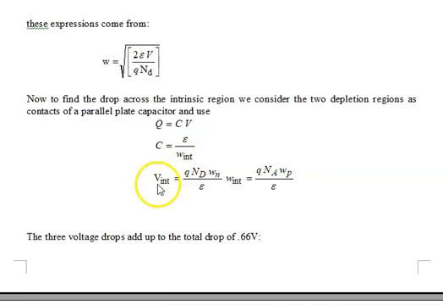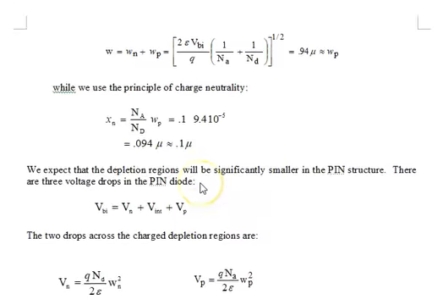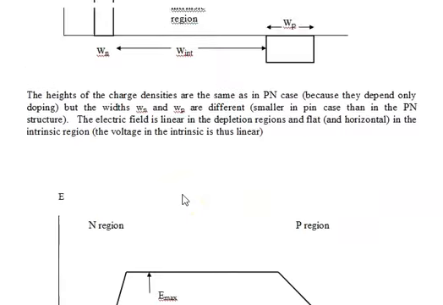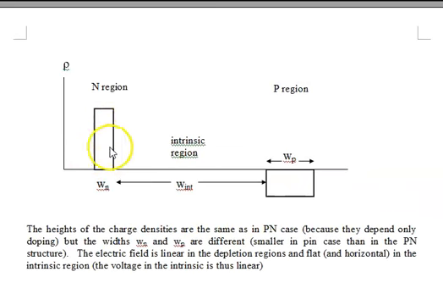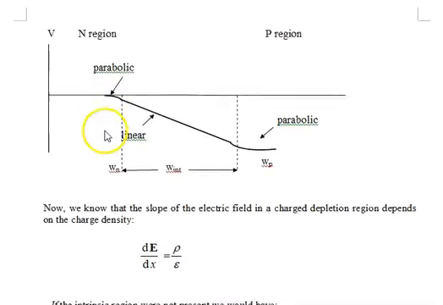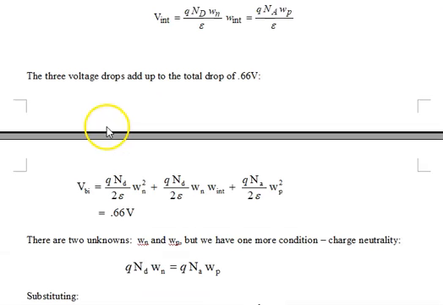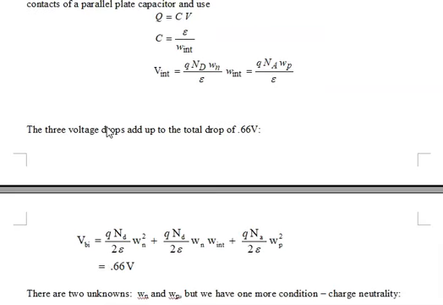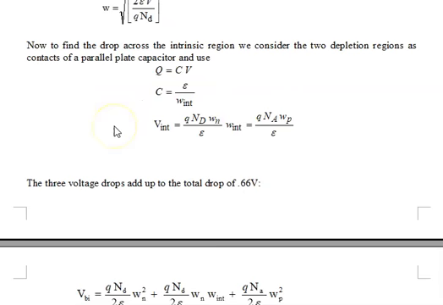Okay, so we find that just substituting in V intrinsic, it's equal to Q over C. And this is C right here, and Q is QND. Right here, this is QND. Okay? That's the total charge.